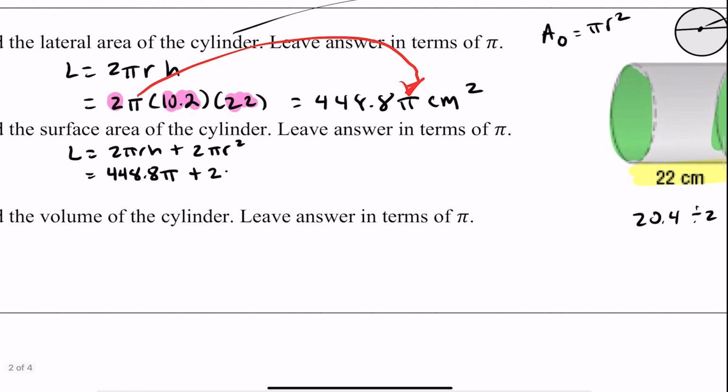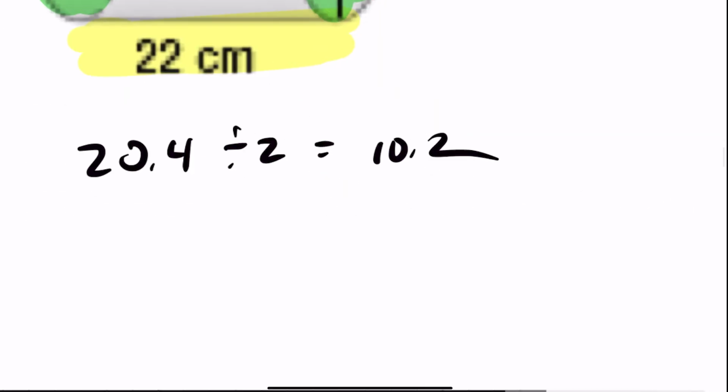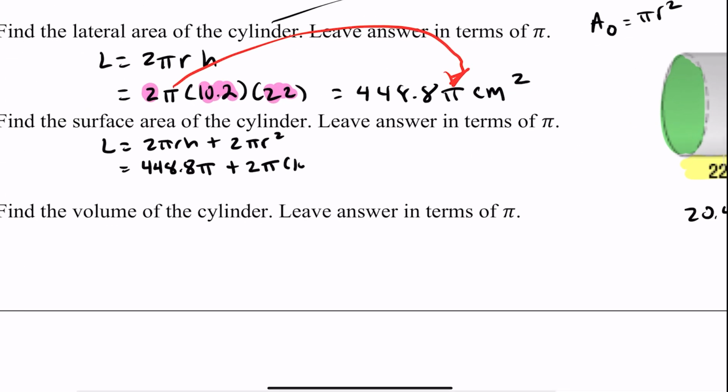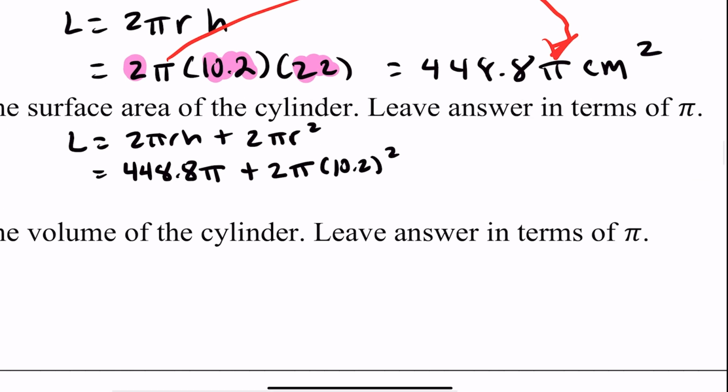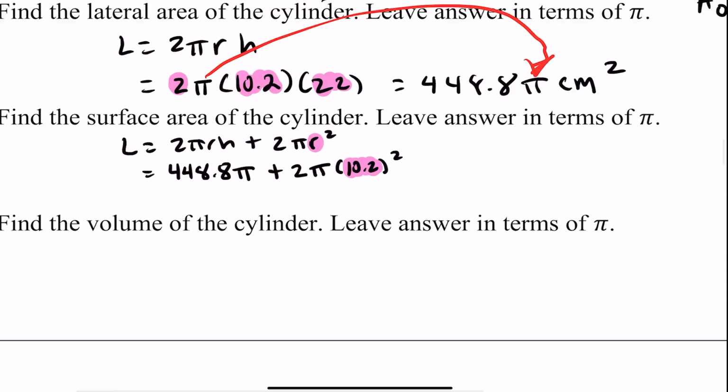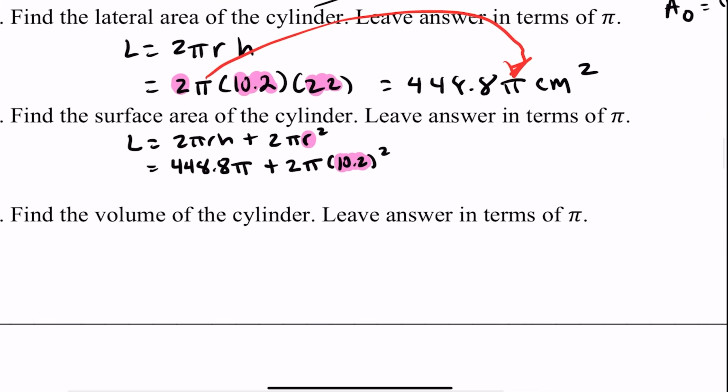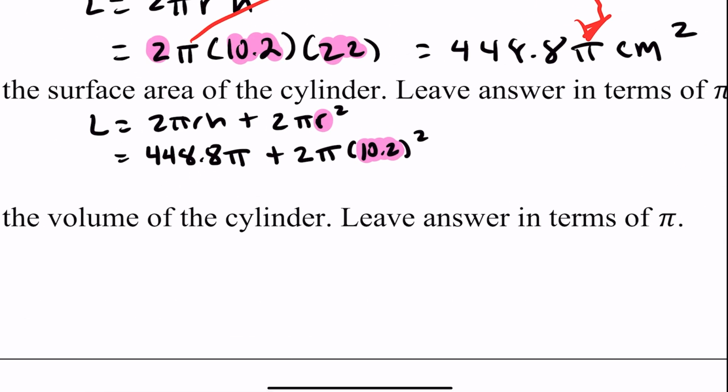So 2 pi. What's the radius again? I forgot. 10.2, quantity squared. All I did here was replace r with 10.2. Let's focus on this part here. I'm going to figure out what 10.2 squared is. It's 104.04.